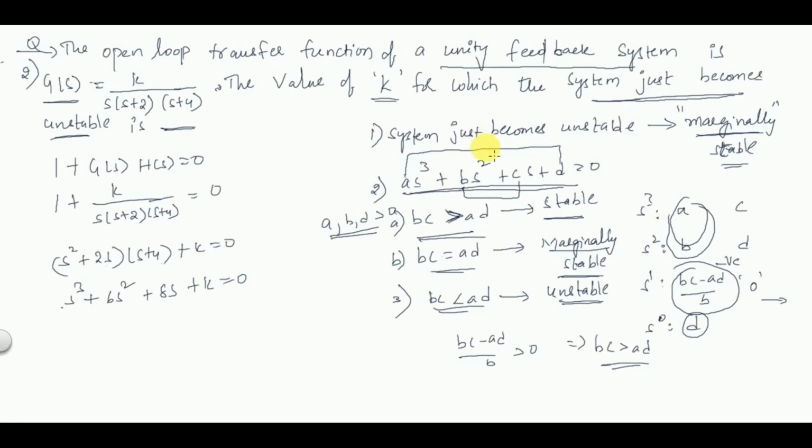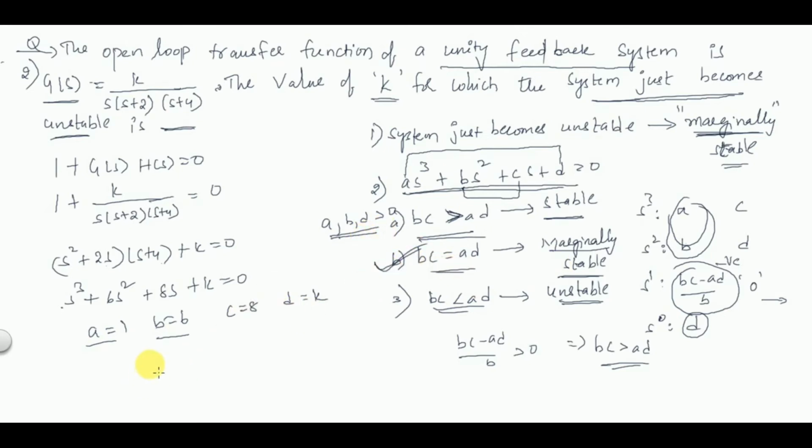So he has given that the system just becomes unstable, that is, the system is marginally stable. When the system is marginally stable, this is the condition: bc is equal to ad. So here a is equal to 1, b is equal to 6, c is equal to 8, and d is equal to k. If you see here, a and b values are greater than 0, that is why we can use this condition.